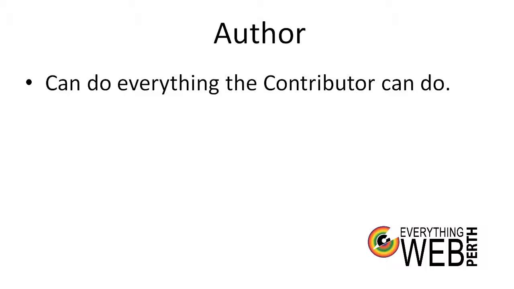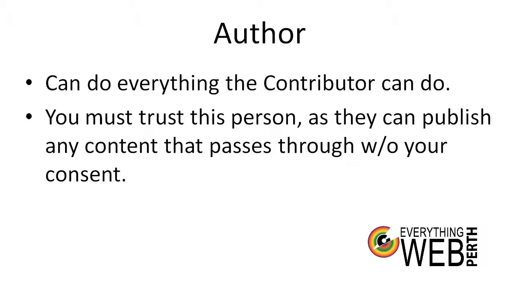Now we have the author. The author basically can do everything that the contributor can do. So they can submit content, but they can take it to the next level. They can actually publish any content that passes through without your consent. So let's say you have a contributor, an article writer, and you just want them to have the ability to submit content, but you don't want to have them have the ability to approve it because you want to make sure that whoever approves it is somebody that you actually trust, because you want to keep the integrity of your WordPress site.